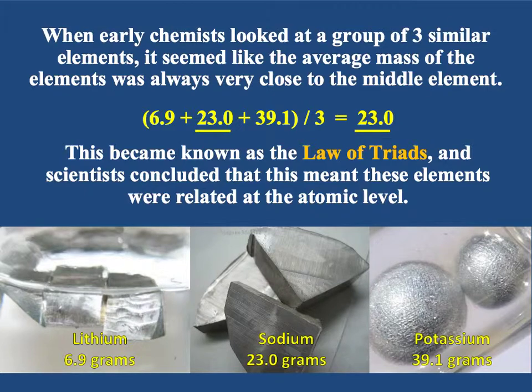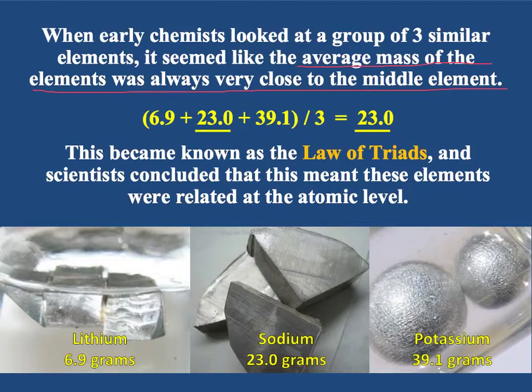Early scientists noticed that when they looked at a group of three elements, the average mass of the elements always seemed really close to whatever the middle element was. So what was significant about the average atomic mass of similar elements? The average mass was always very close to the middle element.